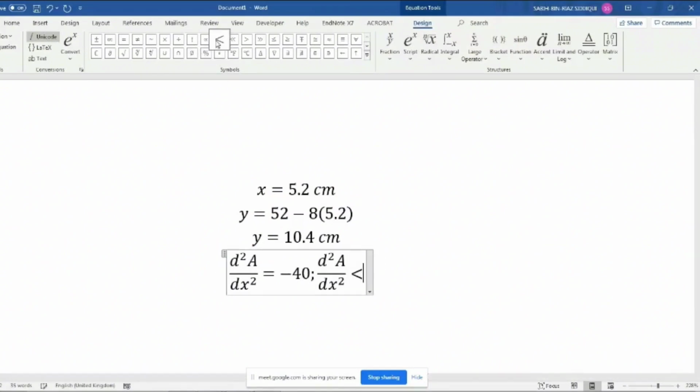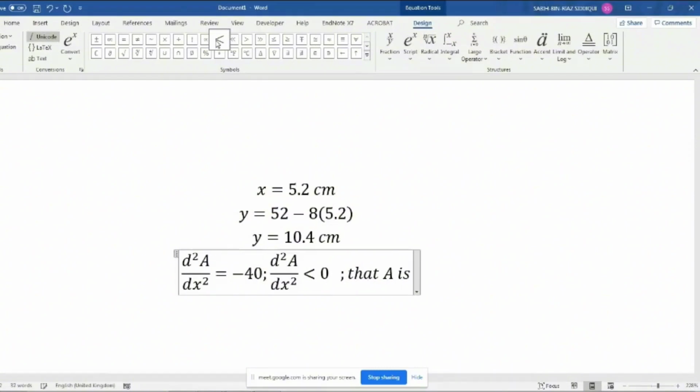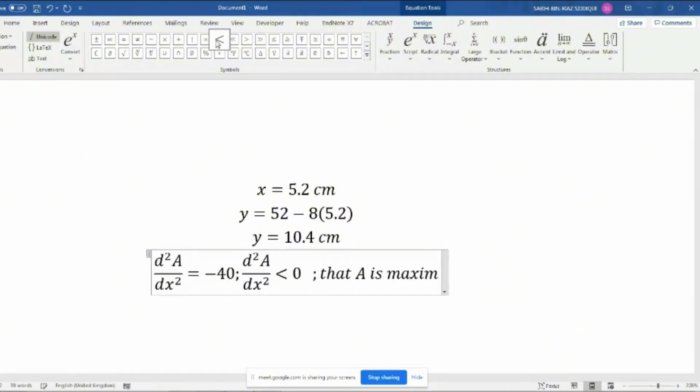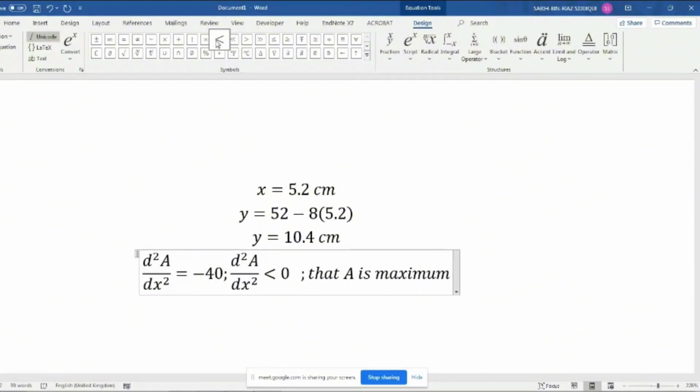Because it is less than 0, I can say that A is maximum. Is it clear, class? Because I got the double differential negative, I can say that this particular turning point of A, whichever one it was, now I know the nature of it as well. It is a maximum value.